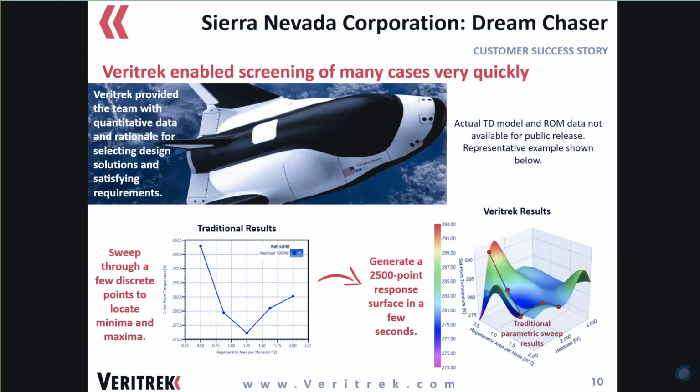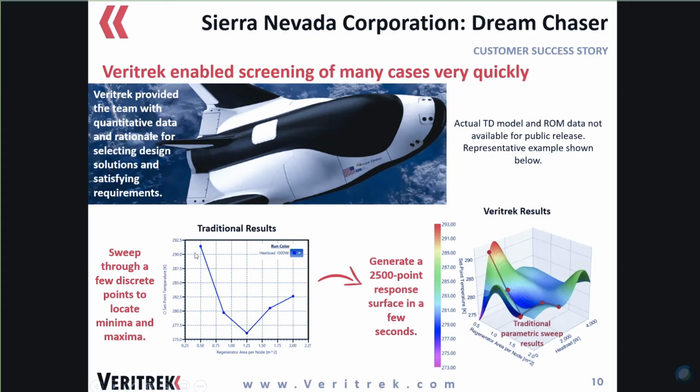So they're using Veritrek to screen a large number of cases very quickly. They have temperature requirements and need to prove that the thermal design meets those temperature requirements in hundreds of different cases or hundreds of different scenarios.